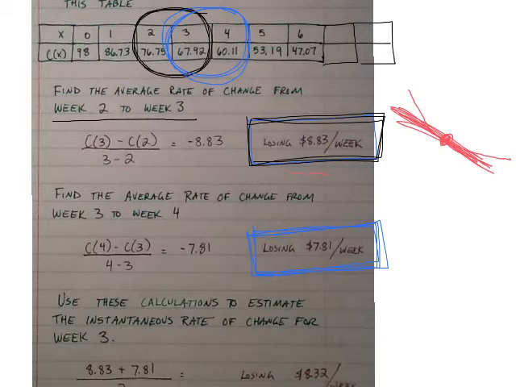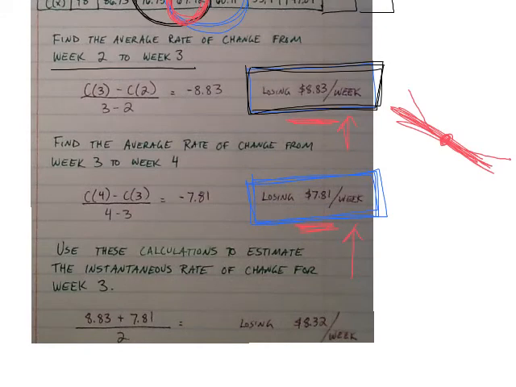Since this is from week 2 to 3 and this is week 3 to 4, they make a good way of averaging the dropping rate for week 3. So we'll take those two values and average them, and we find that the average of the two of them is 8.32. So on week 3 we're losing on average $8.32 per week. That's our instantaneous rate of change at week 3, estimated from the table.